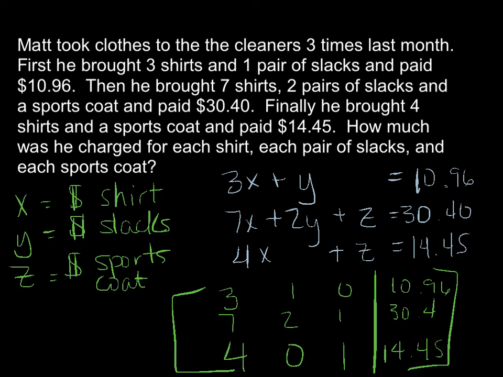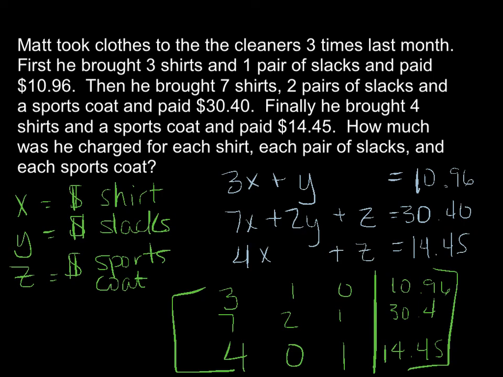Now I can put this in my calculator. So I'm going to go to my matrix, edit. This is a 3 by 4. So 3, 1, 0, 10.96, 7, 2, 1, 30.4, and 4, 0, 1, and 14.45.